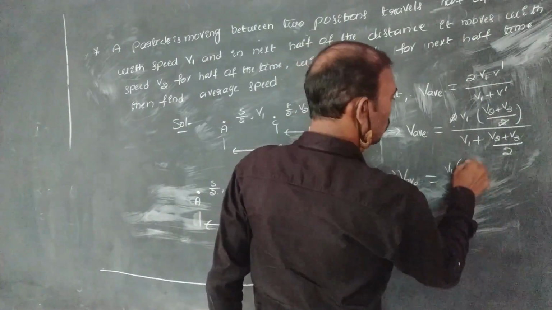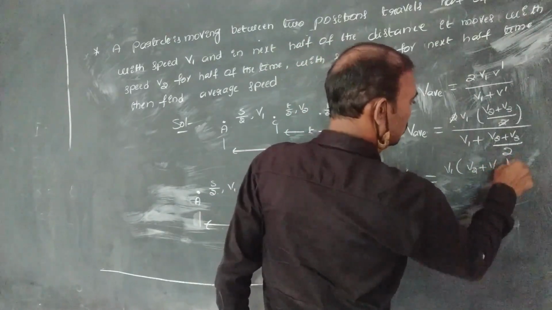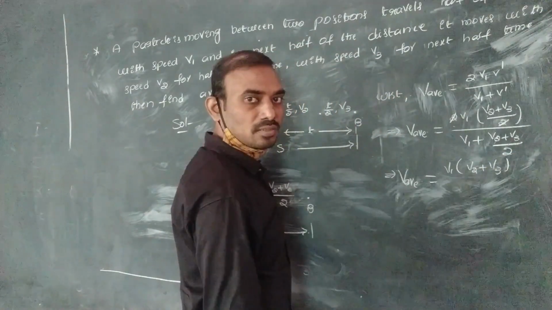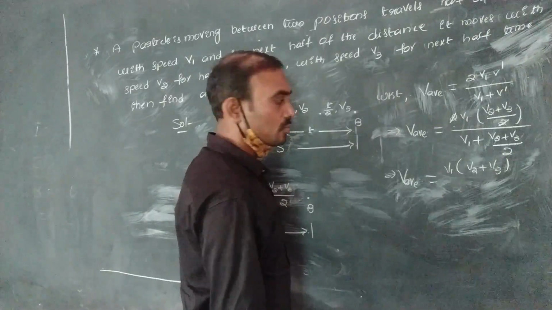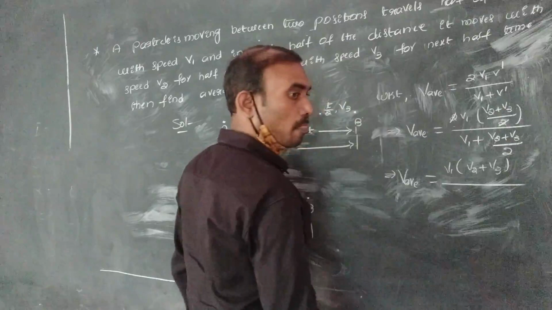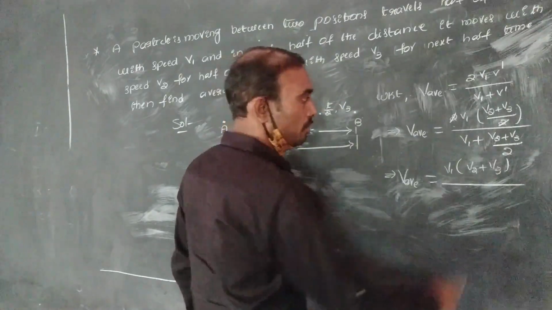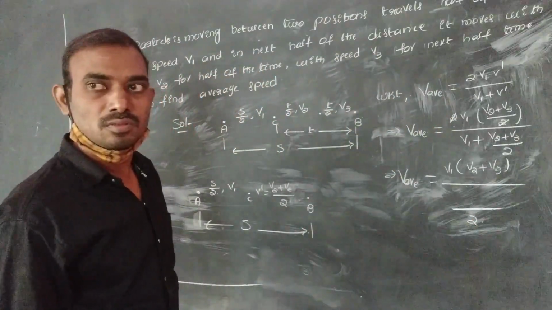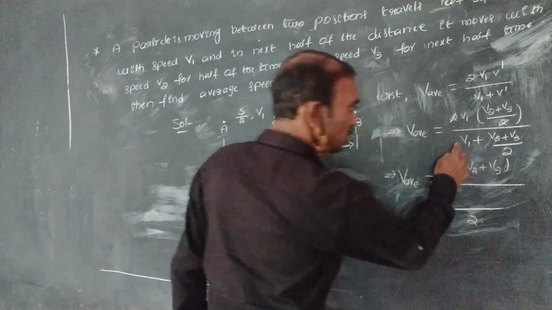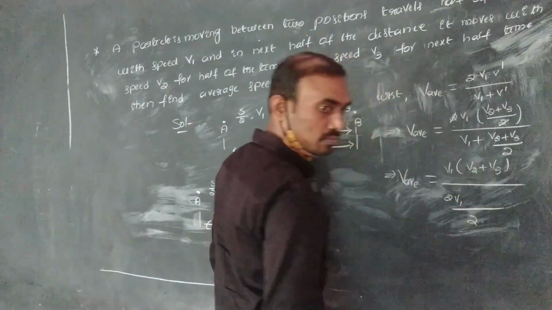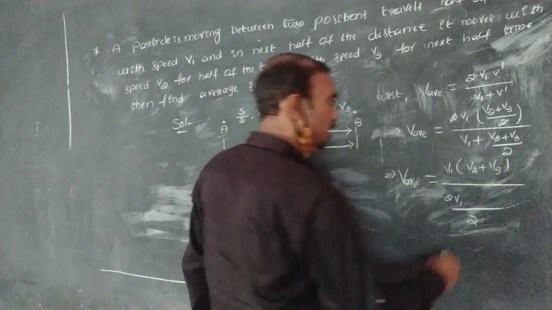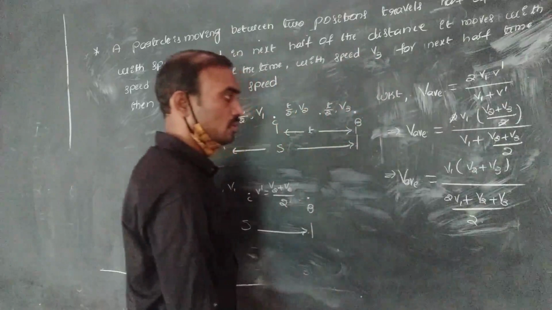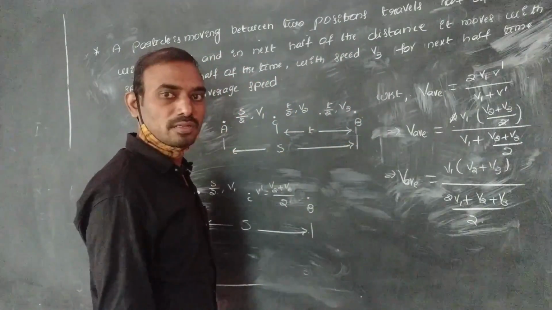V1 into V2 plus V3, by, in denominator LCM 2, so 2 V1 plus V2 plus V3.